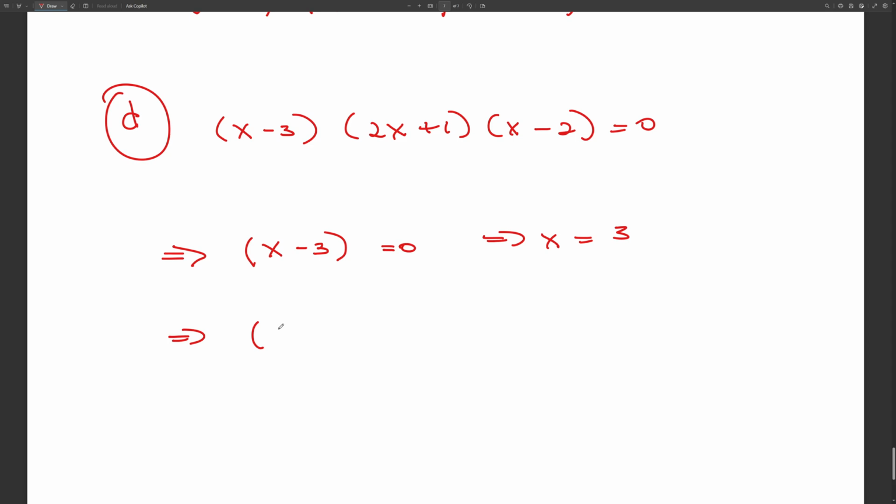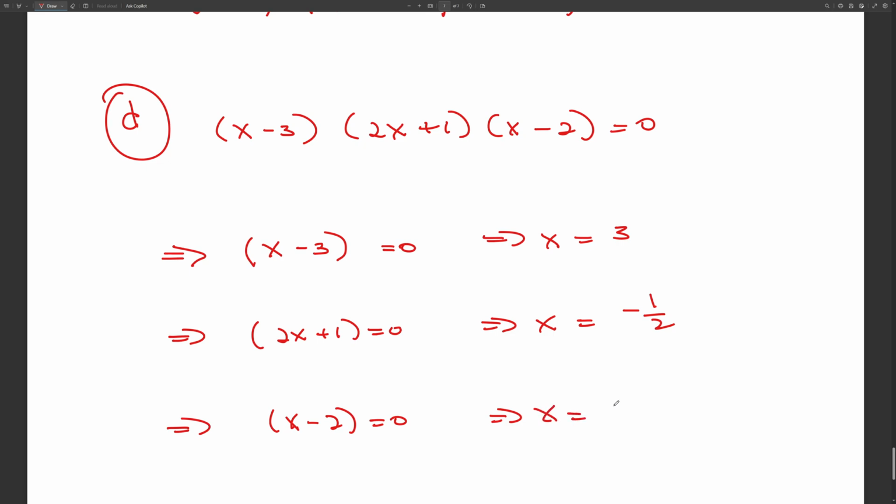For the second one, we have 2x plus 1. Set that equal to 0 as well. So x is equal to negative a half. This one here, x minus 2, set that equal to 0, which means that x is equal to 2.